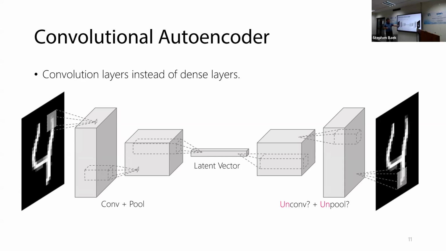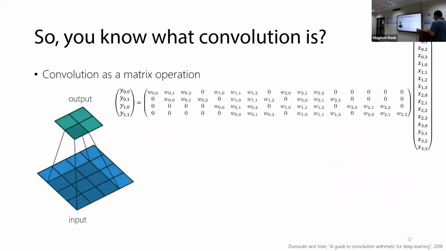But if you think about it, the forward convolution was the process of aggregating a group of pixels into a single value. The reverse process means you have to start from one value and somehow create a group of pixels, which sounds not so straightforward. So this is where we introduce this thing called the transpose convolution.